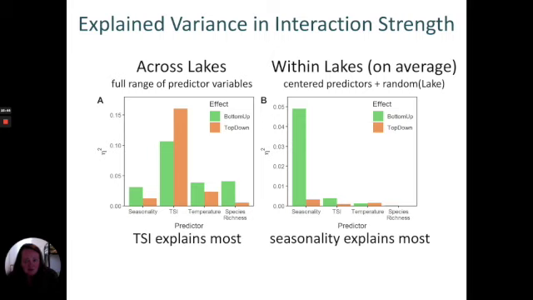Although I will also say that these within lake models, we were never able to explain very much variation in interaction strength at all. So also note that in both cases, temperature and species richness, which we really did think, based on previous predictions, that there would be a strong effect on species interaction strengths, we did not find strong effects of those at all.